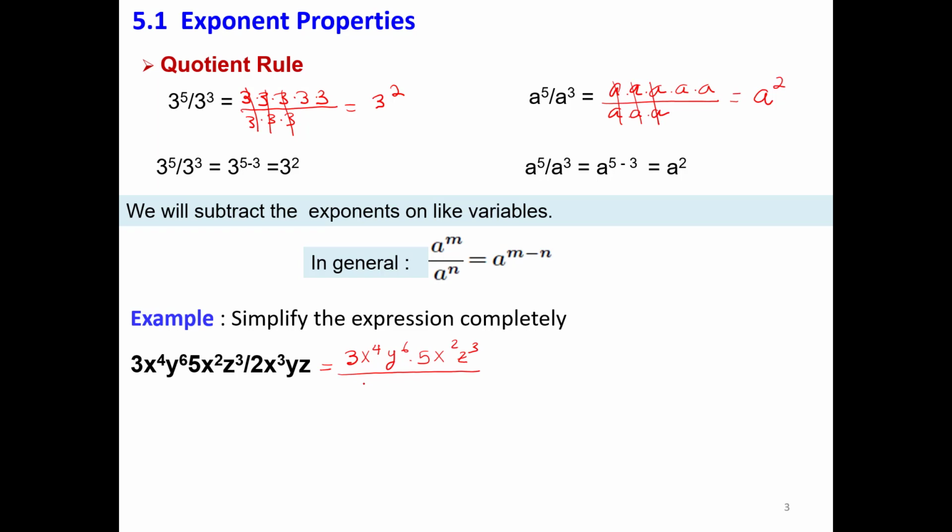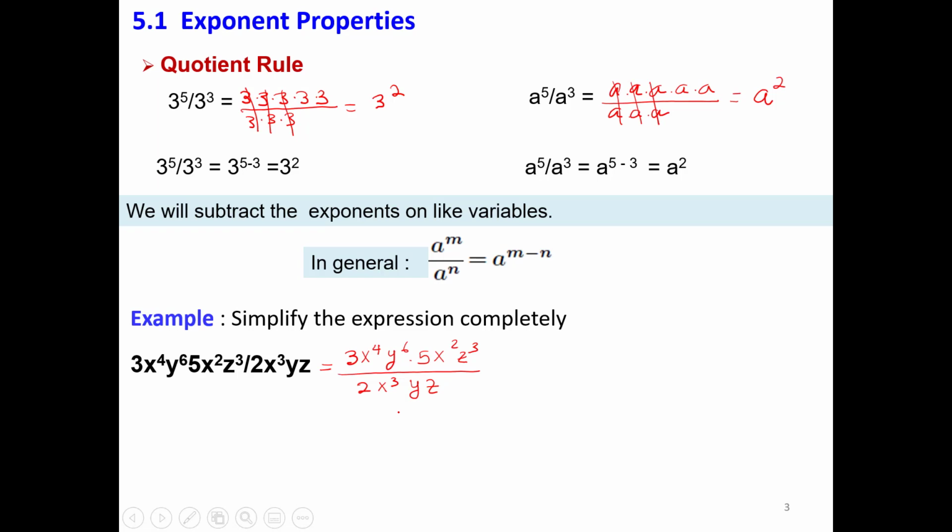We have 3x to the 4, y to the 6, 5, x to the second, z, x to the third, divided by 2x to the third power, y, and z.